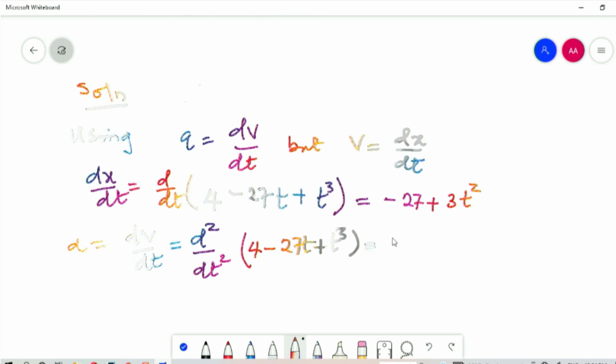And that gives us d upon dt of minus 27 plus 3t squared. If we carry out that differentiation, like I said earlier, differentiation of a constant is always 0, so we have 0 here plus 2 times 3t, which gives us 6t.